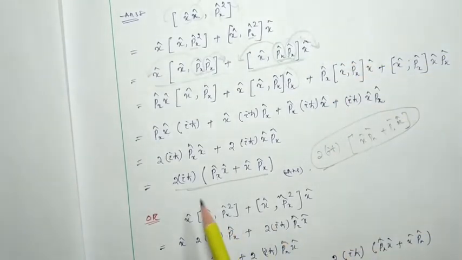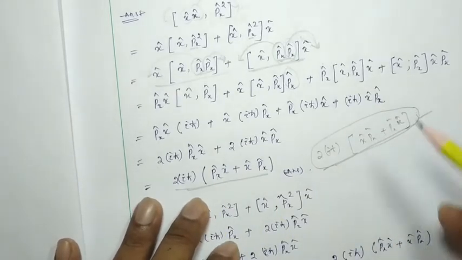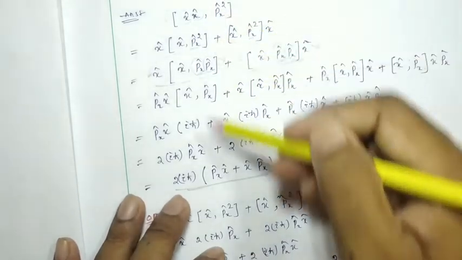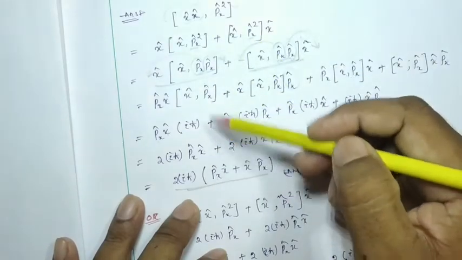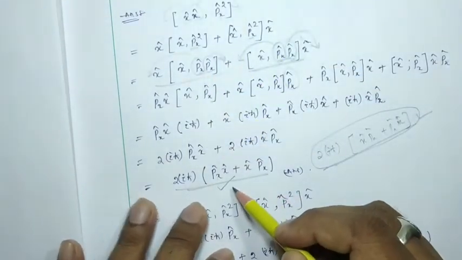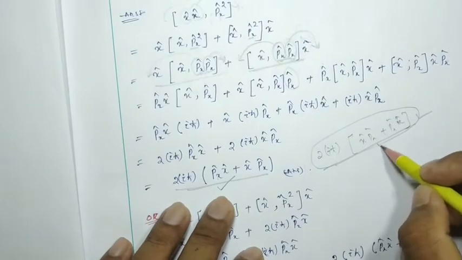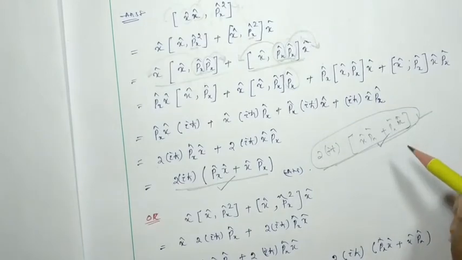Multiple choice means, suppose you got this answer, it will be correct. So maybe this answer will be there, or this answer will be there. Whenever you do the questions in your rough work, suppose you got this one, but in multiple choice, this will be the answer in the options. So you should not be confused at that time.